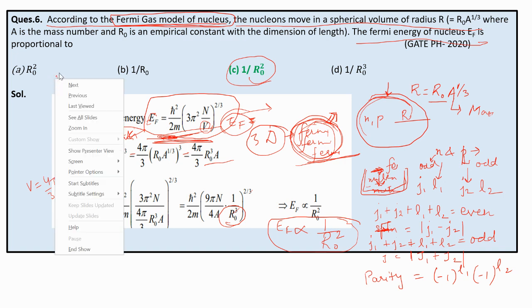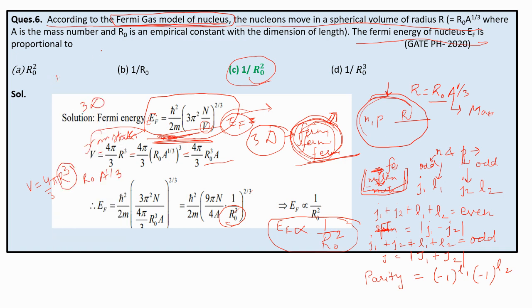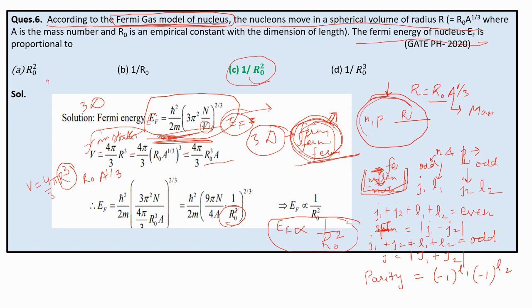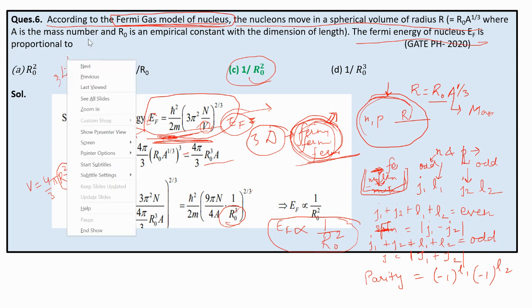Ma'am, what's this J1 and L1? I'm taking one question so that we will get a clearer understanding. Suppose we have lithium, and we'll take the mass number six.